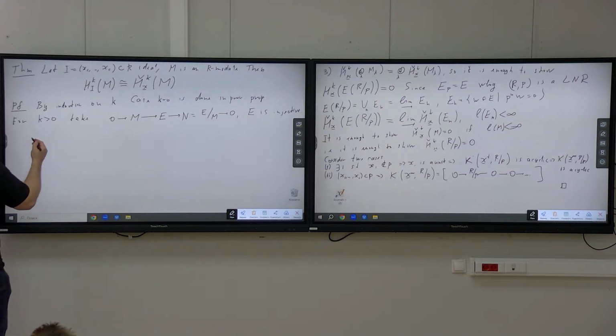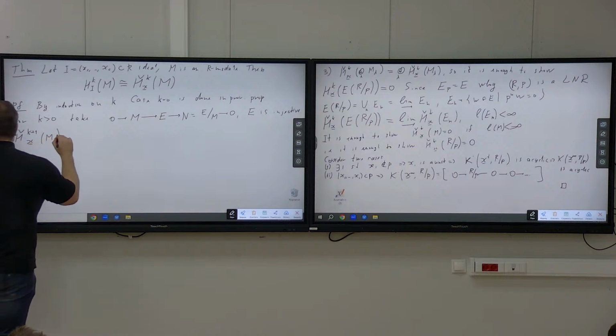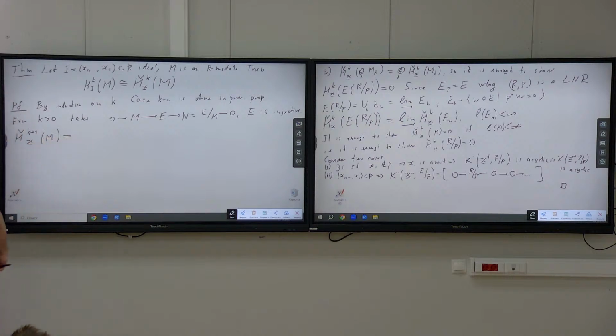And then just do the standard argument, which in homological algebra is called dimension or degree shifting. If I want to compute the Čech homology with index k plus 1 for the module M, I know that I have a long exact sequence. I know that on the injective modules, this homology theory gives me 0.